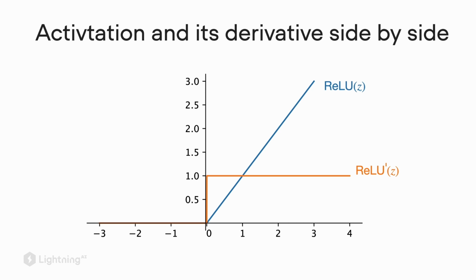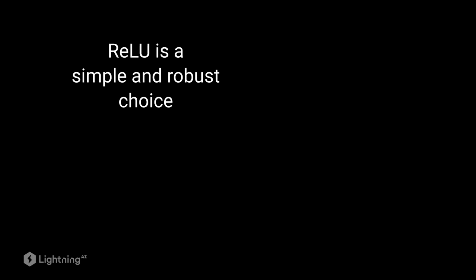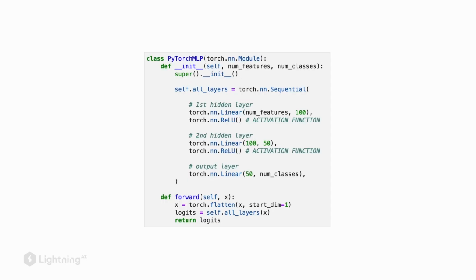On the other hand, in the chain rule that we apply during backpropagation, we have a multiplication by 1 if the net input is positive. So in this case, we don't degrade the error signal. That's one of the reasons why relu is a commonly used activation function in practice, because it helps the network to train faster than with a sigmoid activation function. So relu is a very popular, simple and robust choice as a hidden layer activation function. And as we have already seen, it's also very easy to use the relu function in PyTorch.